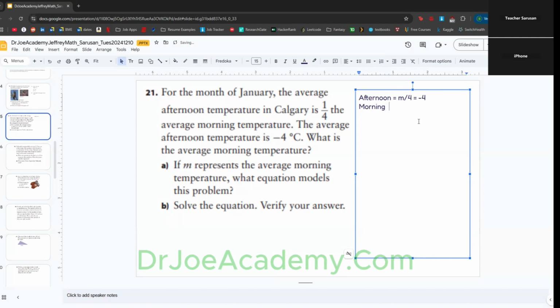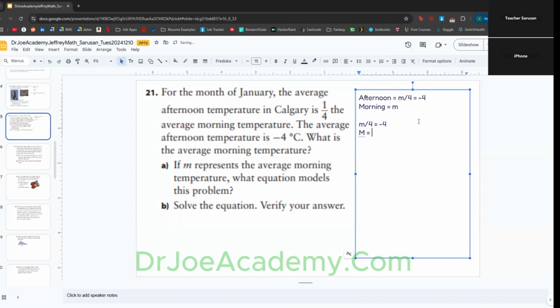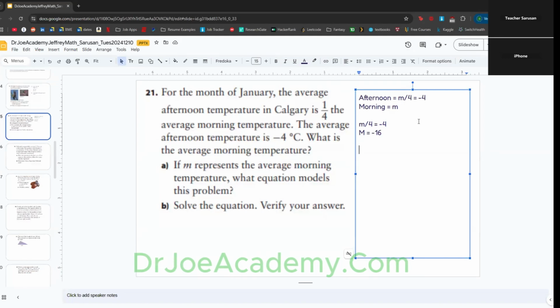Morning equals m. So yeah, pretty much the same question over and over again. Then we just multiply by 4, that's negative 16. All right, nicely done. Not too difficult at all. Morning temperature equals negative 16 degrees Celsius. Let's write that down.